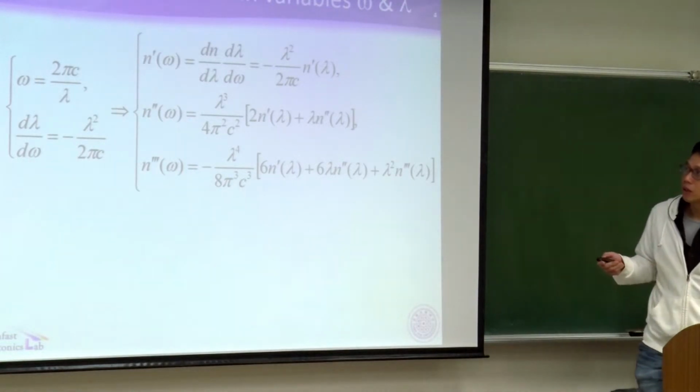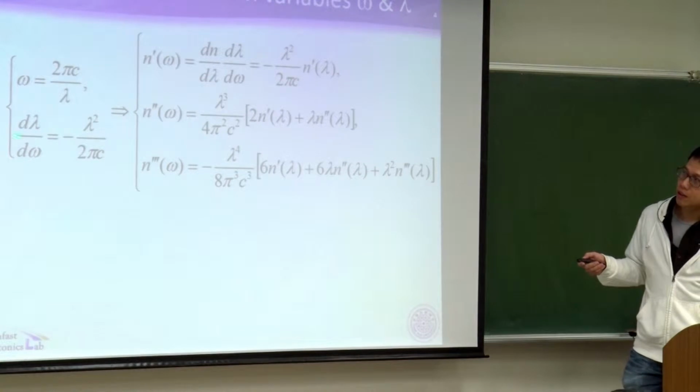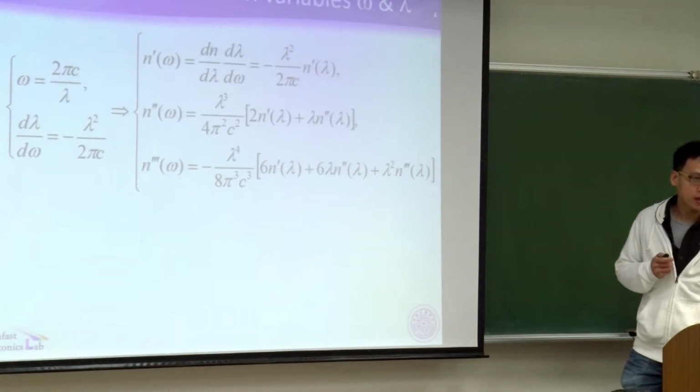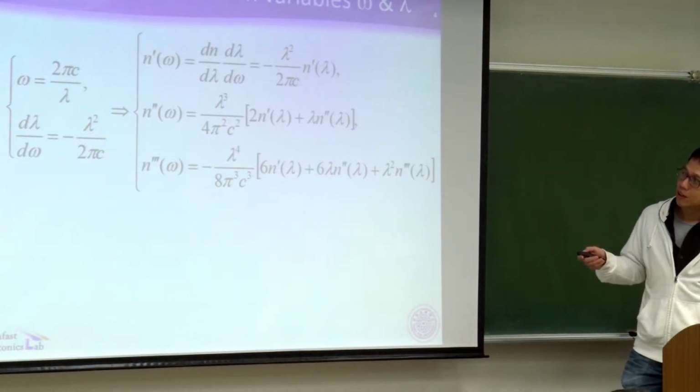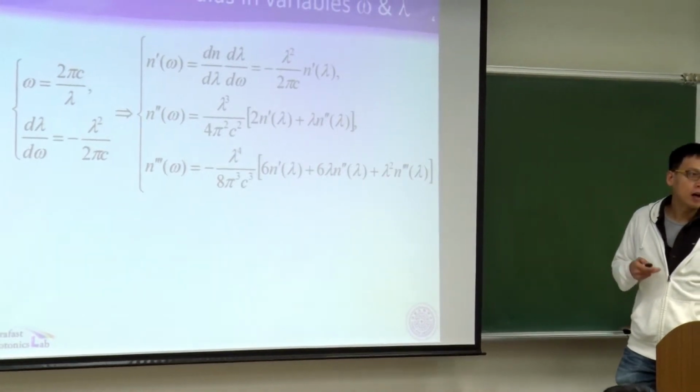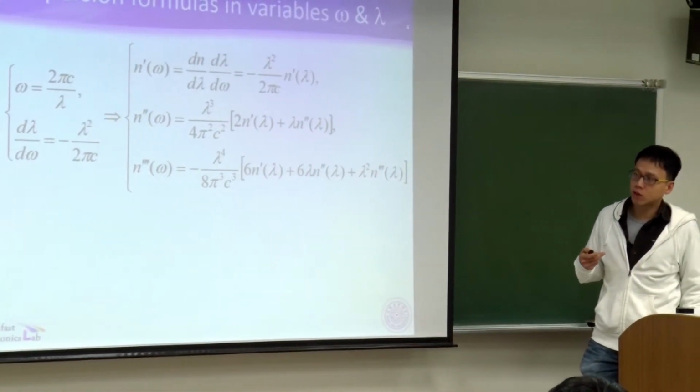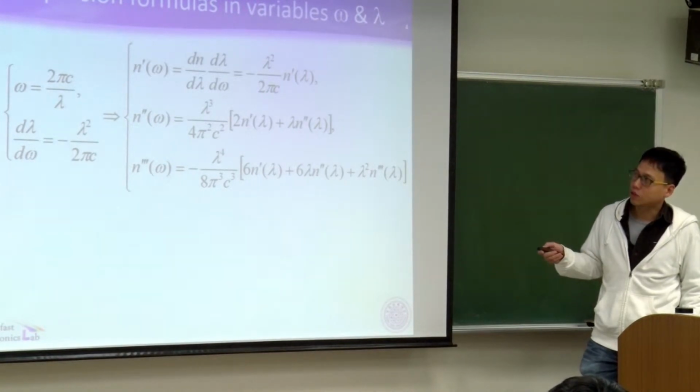So if you take the first order derivative, what can you have? If you check this formula and perform the first order derivative with respect to lambda, you have d omega over d lambda on the left-hand side.